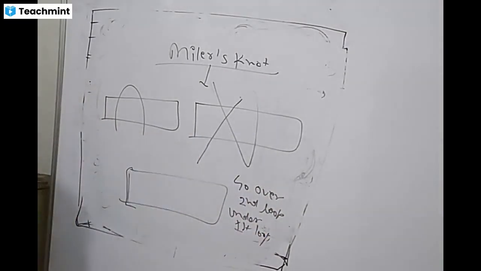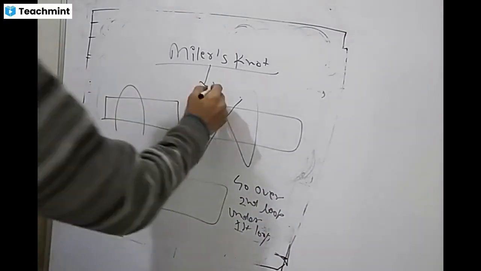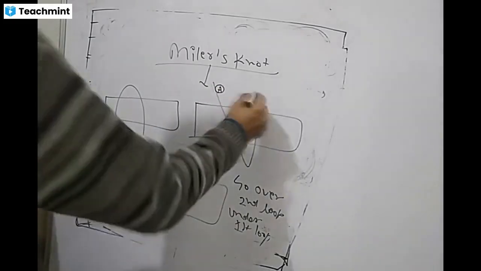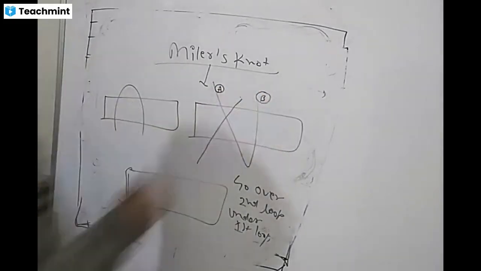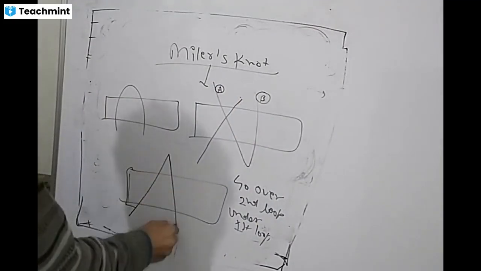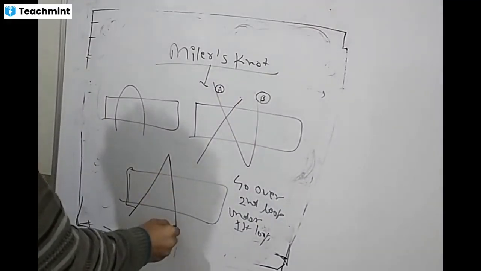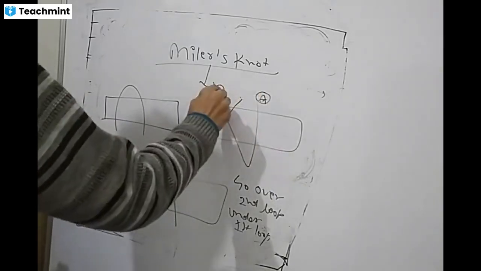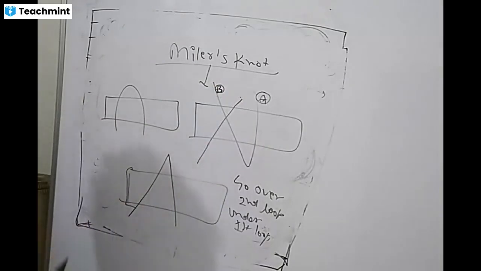Which one is first? Which one is second? A is the second loop and B is the first loop. So we started like this, then this is A, the first loop, and B is the second loop.